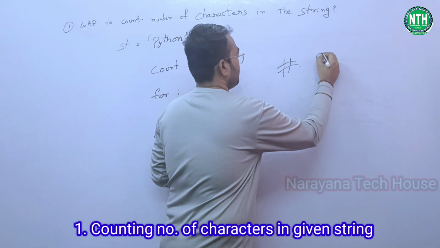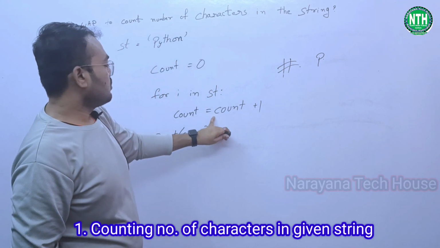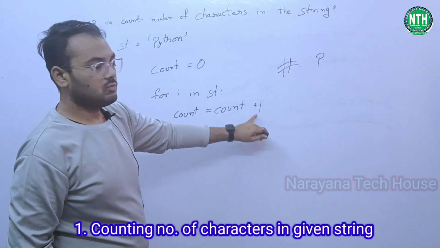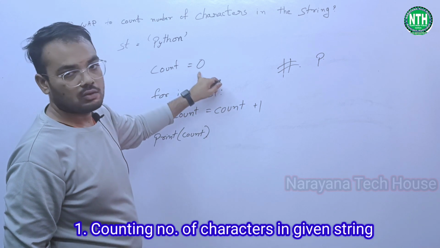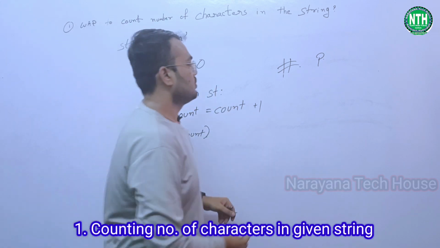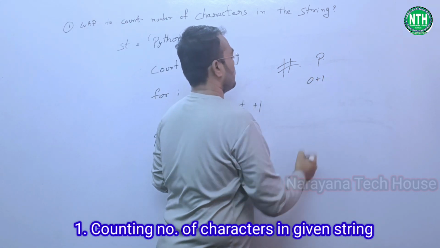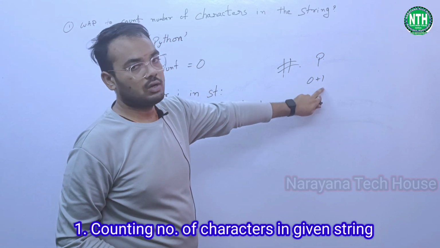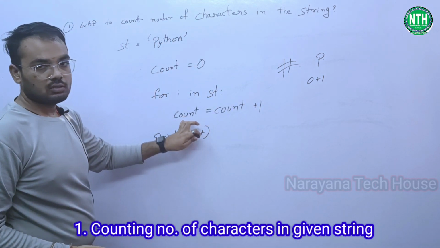So first take the character P. What is the count value? 0. So 0 plus 1 is 1, and it is assigned to count.